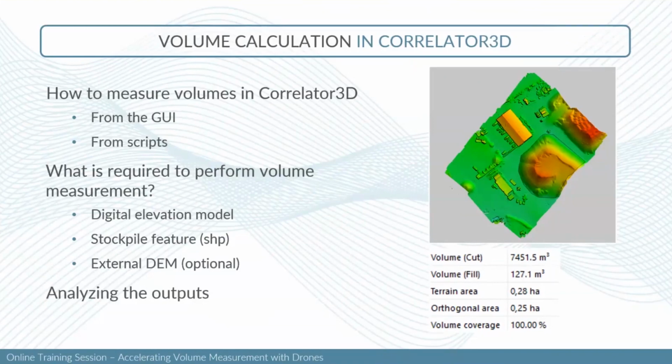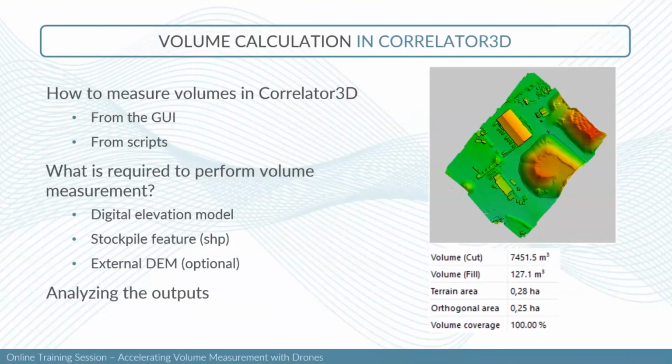You also need a stockpile feature, so a shapefile corresponding to the area where you want to measure your volumes. If you don't have one prior to doing your survey, you can also draw all your polygons into Correlator 3D, so it will be done interactively in the map.